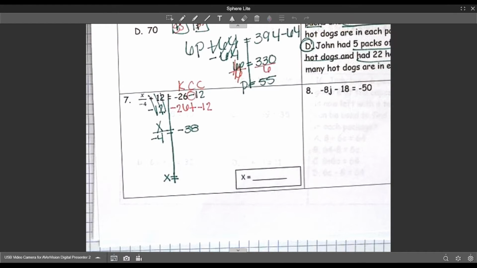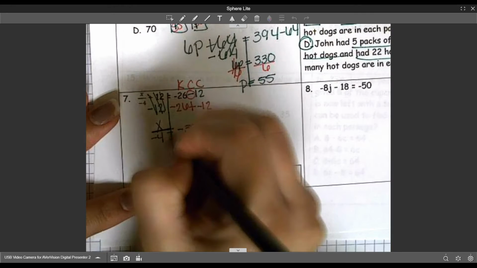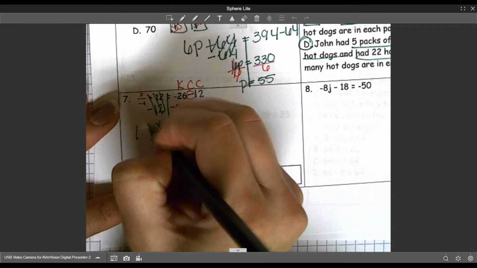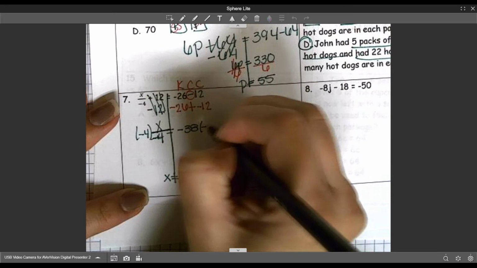Now, how do we get rid of that negative 4? Very good. Instead of dividing, because this means division, instead of dividing by negative 4, I'm going to multiply times negative 4.